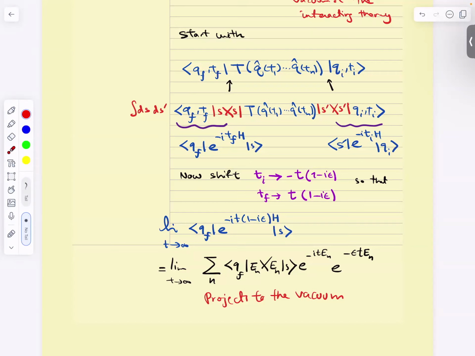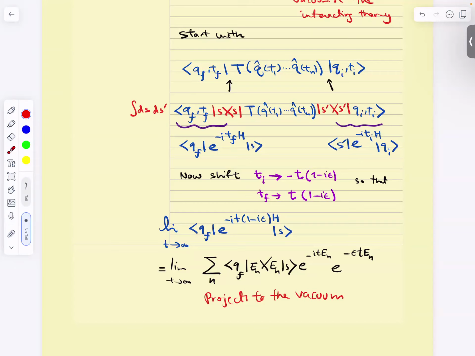All right. Now I'm going to take t to infinity. What happens? Well, first thing you might say is that they all die, right? But what happens is that all the excited states, the coefficient is going to suffer an exponential suppression.